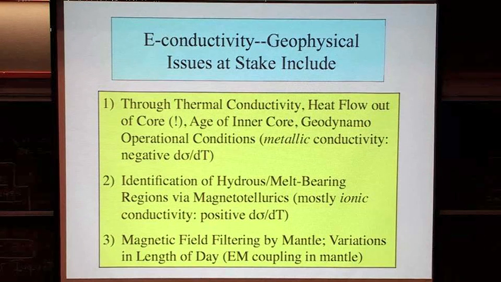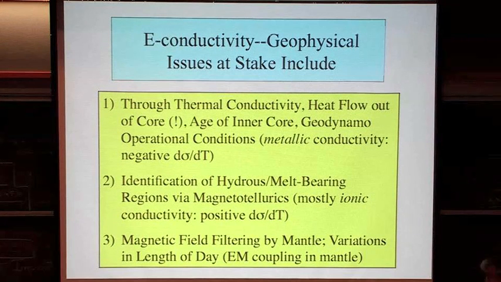The magnetic field at the core surface would simply propagate through 3,000 kilometers of mantle and appear at the surface. But because the mantle has a finite conductivity, there's a certain level of filtering that takes place, especially of potential high-frequency variations in the magnetic field. There's also things that Bruce Buffett has worked extensively on, like variations in the length of day that depend on electromagnetic coupling in the mantle.